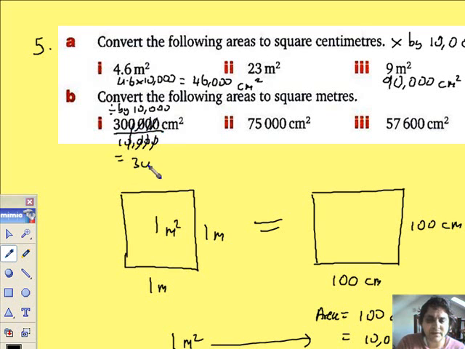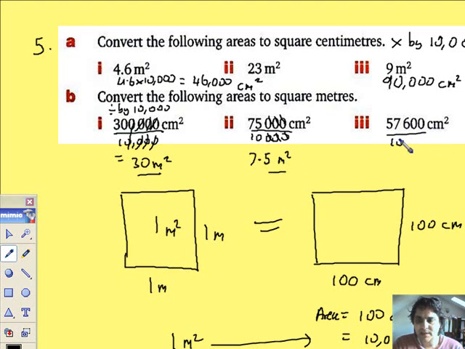Well, that's going to give us 30 metres squared. Divide this by 10,000: 1, 2, 3, 1, 2, 3. I can see that 75 divided by 10 is 7.5 metres squared. Divide this one by 10,000: 1, 2, 1, 2. Dividing 576 by 100, take the decimal point back twice.